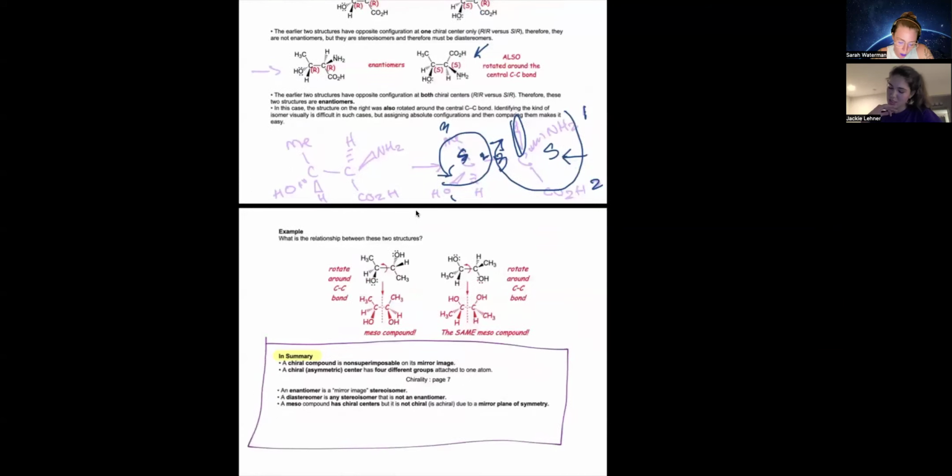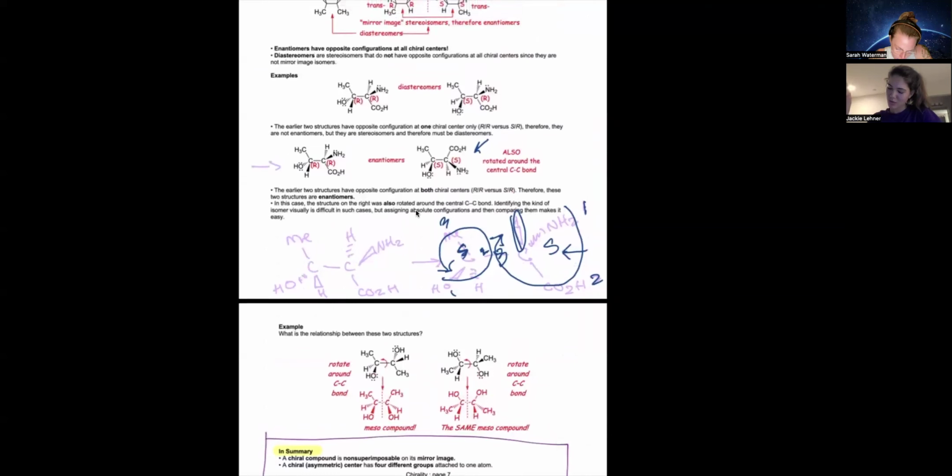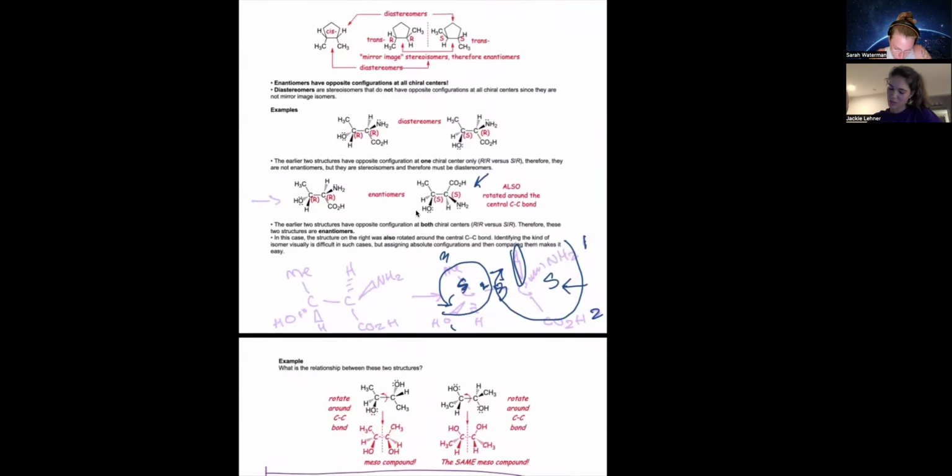Well, actually no. Because if you rotate around a single bond, then you are going to change the stereochemistry. Well, you don't change the stereochemistry around that carbon. You're just changing the setup of the molecule. So the stereochemistry around those carbons isn't going to change.